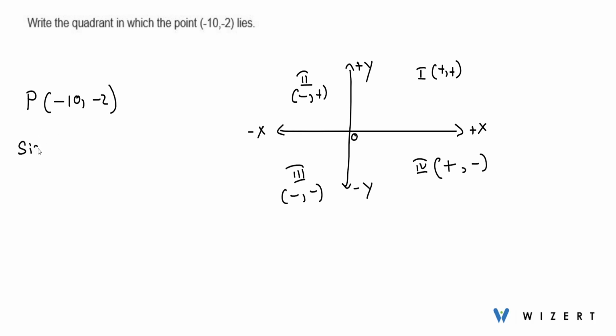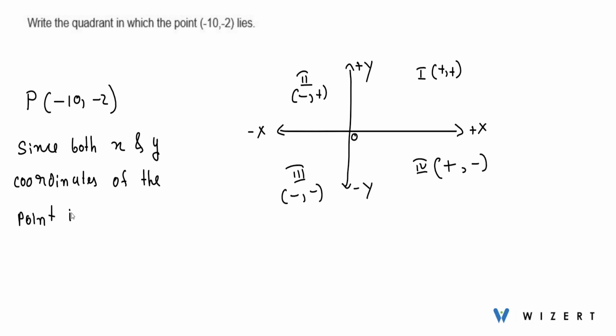Now since both x and y coordinates of the point are negative, the point lies in the third quadrant.